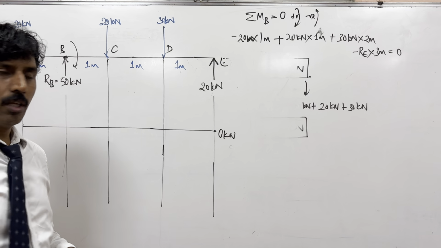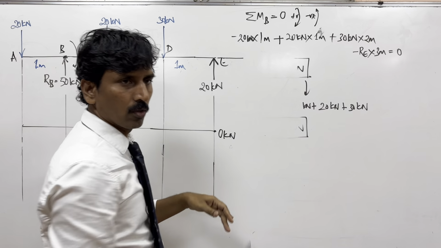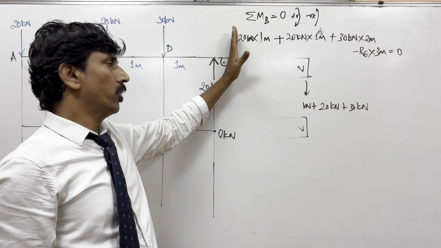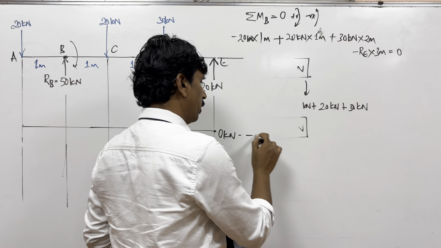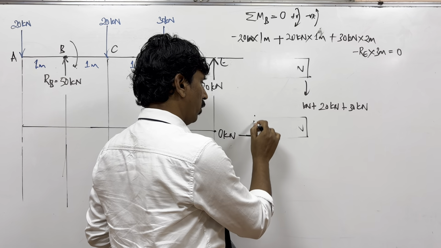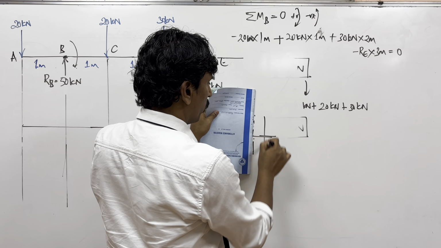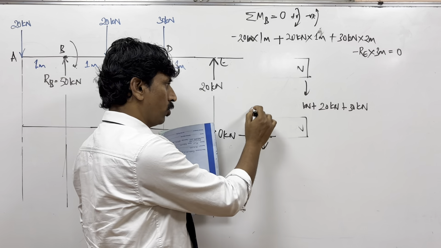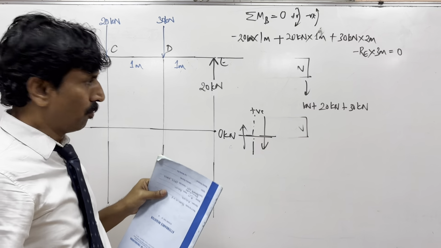Imagine that this beam continues here. You take a section here, and what is the convention? If it is the section that you are considering, any forces downwards on the right side are positive, and any forces upward on the left hand side are positive.